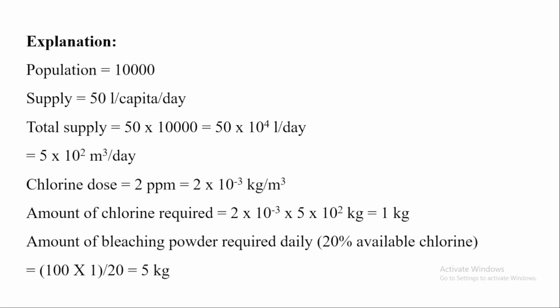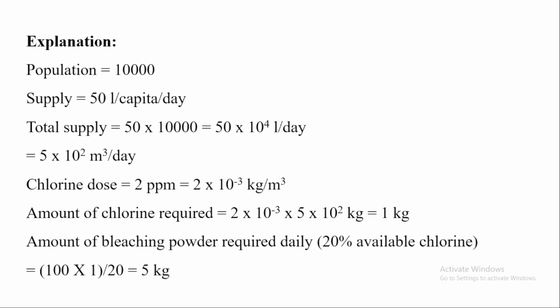Now our bleaching powder has 20% available chlorine. So 1 kg of chlorine will be achieved from how much bleaching powder? Let's say 20% of chlorine is available.